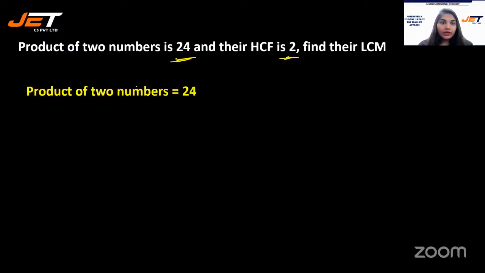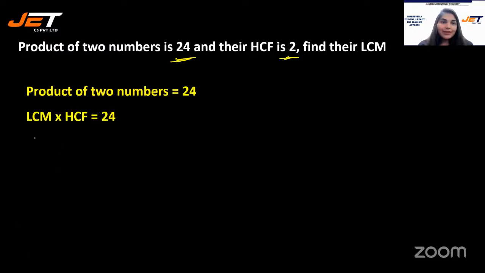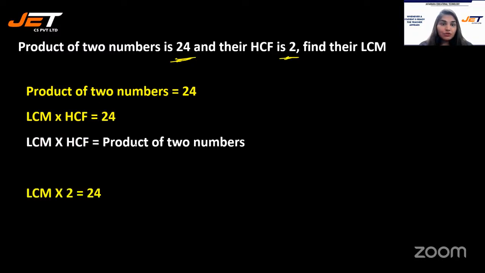Here, the product of two numbers is 24. LCM times HCF is also 24, because the product of two numbers is equal to their LCM times HCF. LCM we don't know, but HCF we know, that is 2.